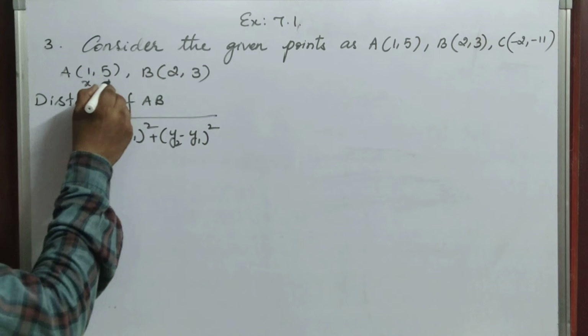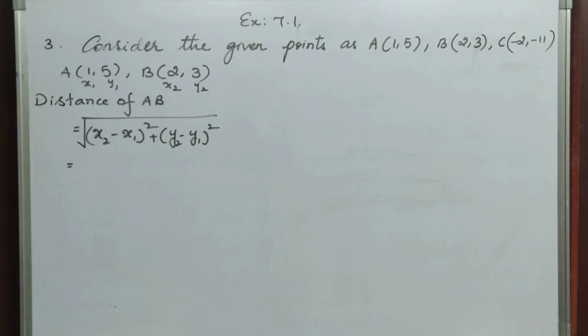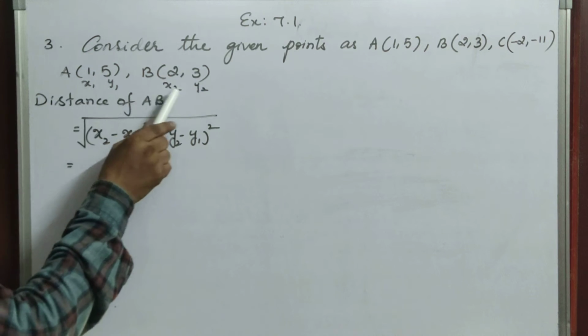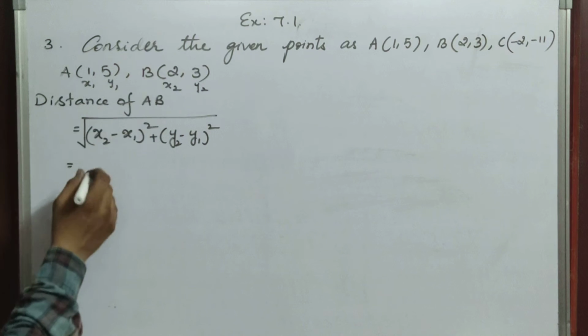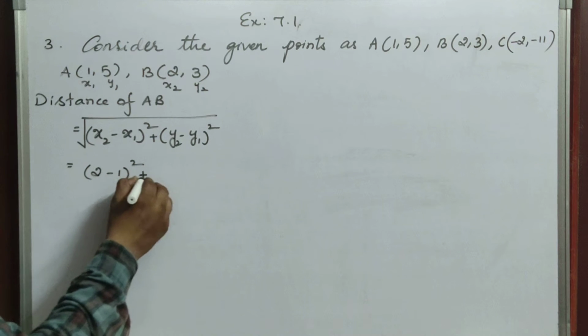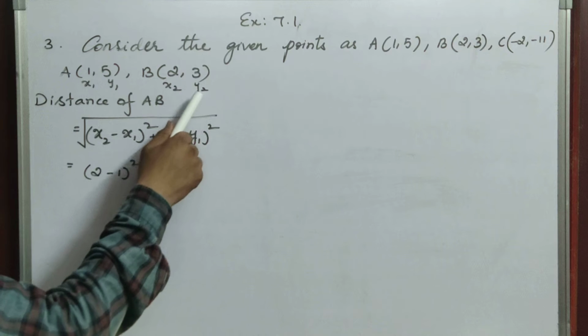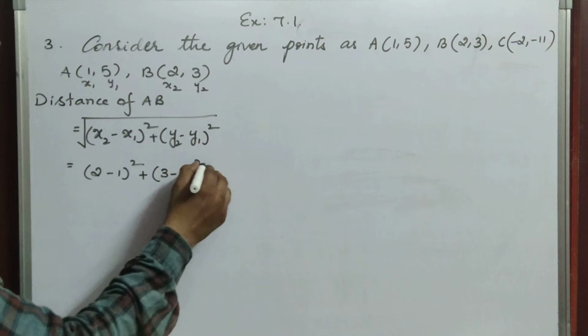As I told you, if you point out like this, x1 y1, x2 y2, it looks very easy for you to avoid confusion. So x2 minus x1, that means 2 minus 1, whole square, plus y2 minus y1, that means 3 minus 5, whole square.